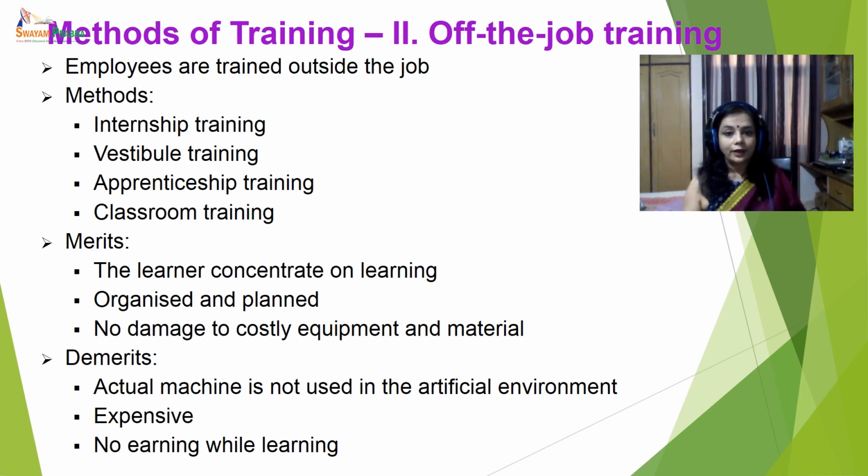You have to create the training cell, appoint the trainers and conduct the training programs. You have to think about the physical facilities as well as make arrangements for food, everything. So it becomes an expensive program, and the employee is not earning while learning, which is a disadvantage for the employees also. Suppose a new employee is recruited, for the first month he may be given a stipend, but a real salary may not be given to him because he is undergoing the training program.